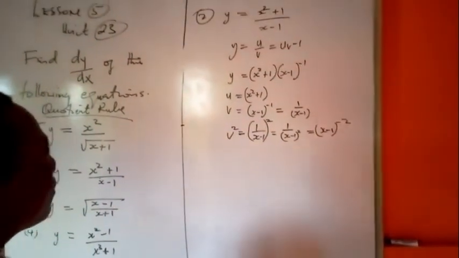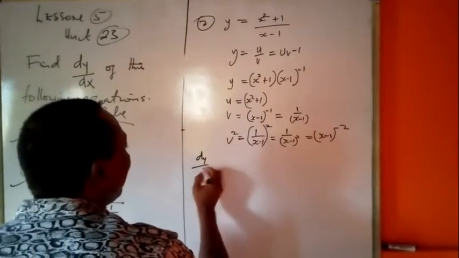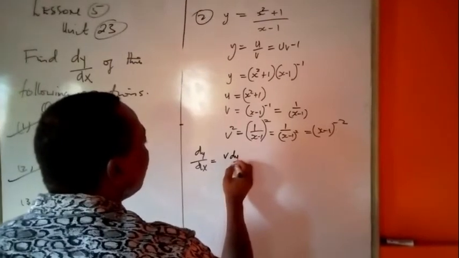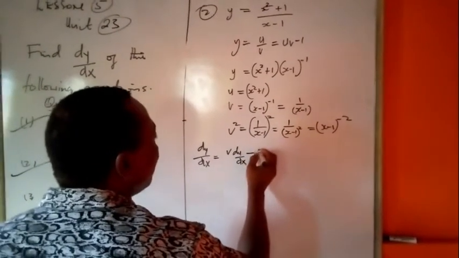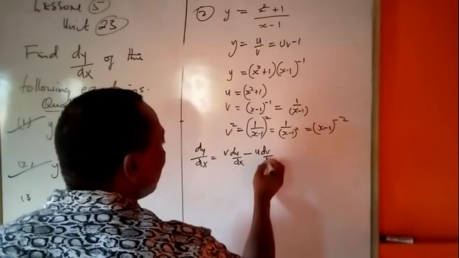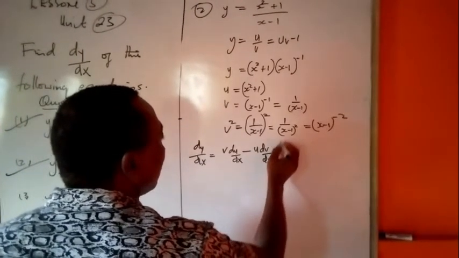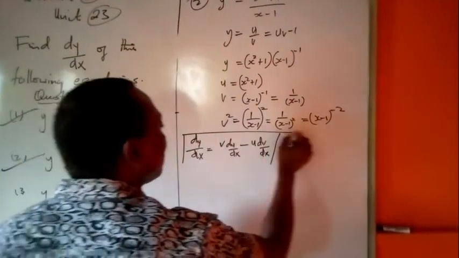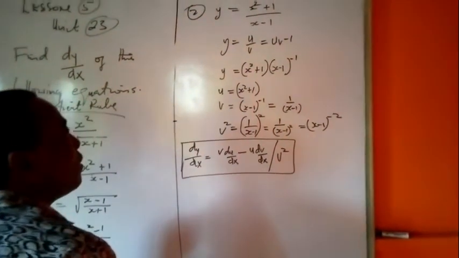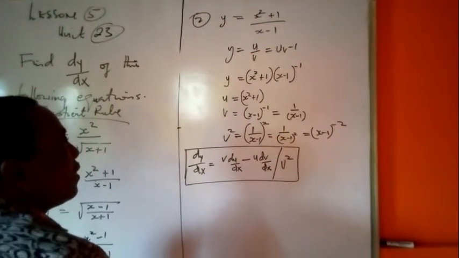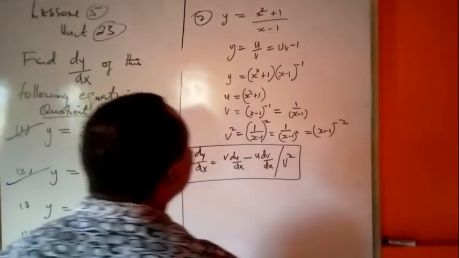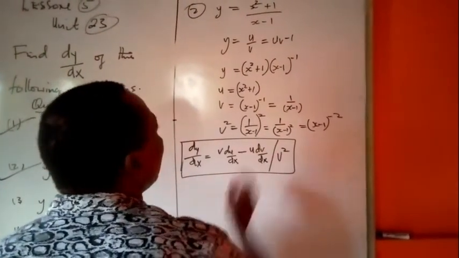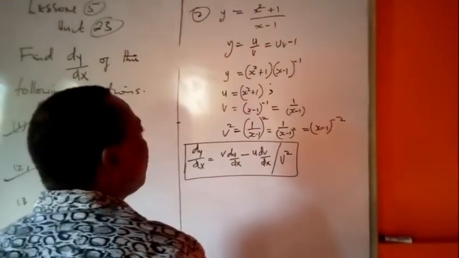If you have done that, we can now say that our dy dx is simply what? v du dx minus u dv dx over v squared. So let this always be at the back of your mind. If you have done this, then go back to differentiating your u and your v. What is your u? Your u is x squared plus 1.